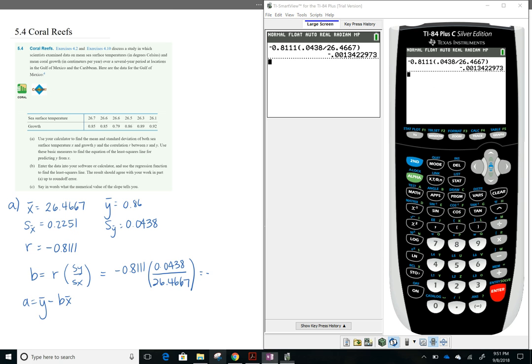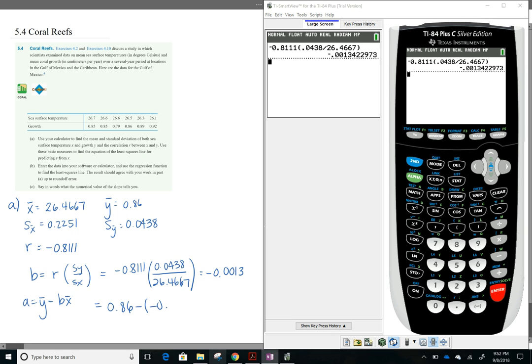We get negative 0.0013. A is equal to y bar minus b times x bar.